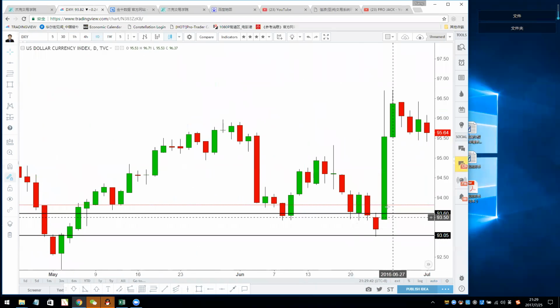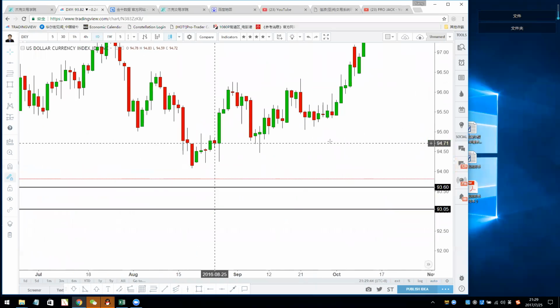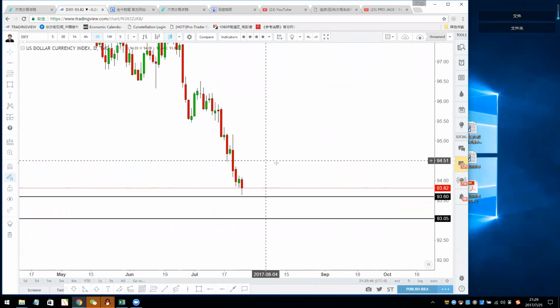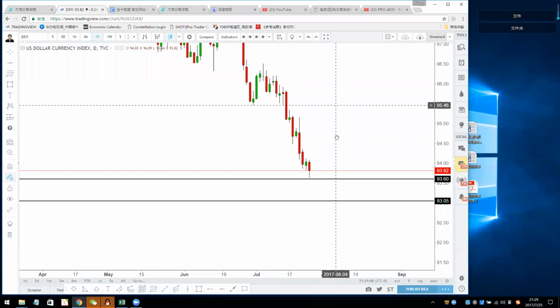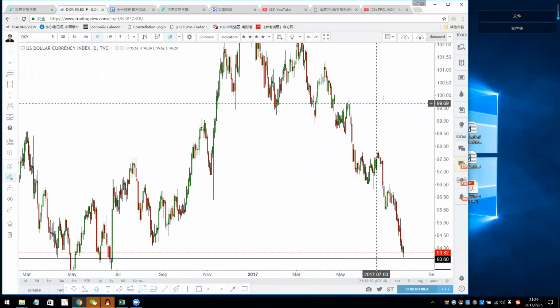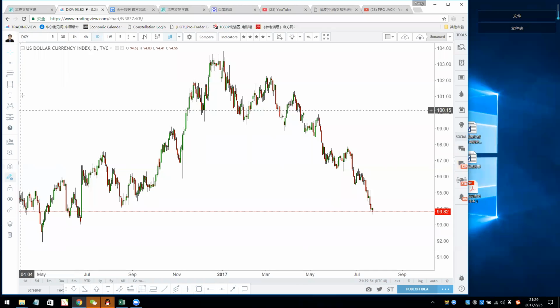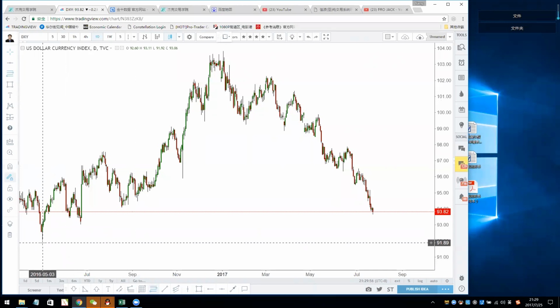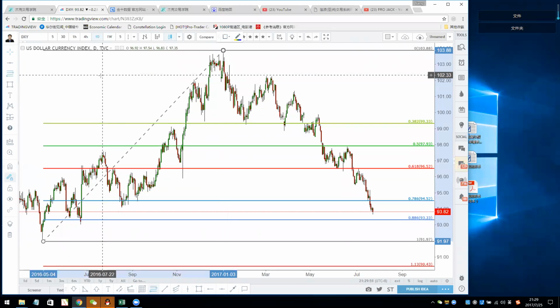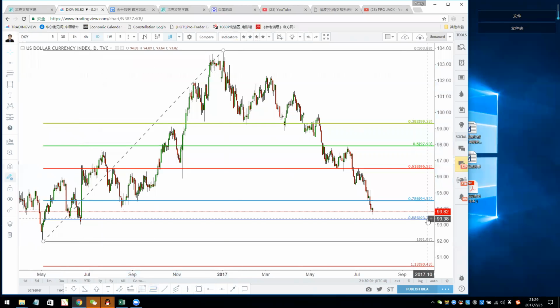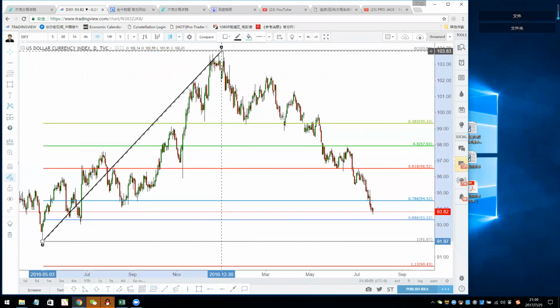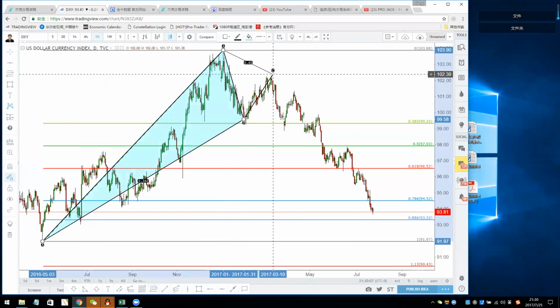So I'm looking very closely at this zone, preparing to see a rally for the DXY. Another place I'm going to look at is the 0.886, which is 93.33, because here we have a bullish Bat pattern for the DXY.